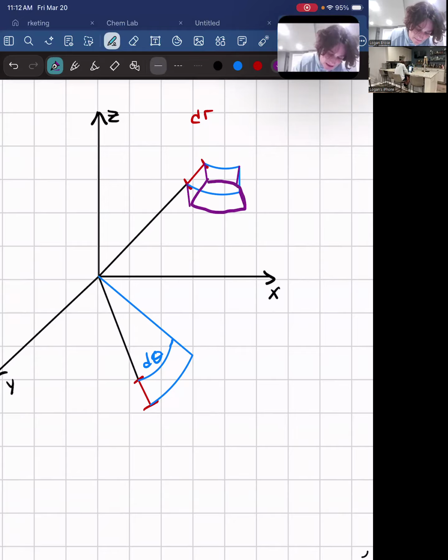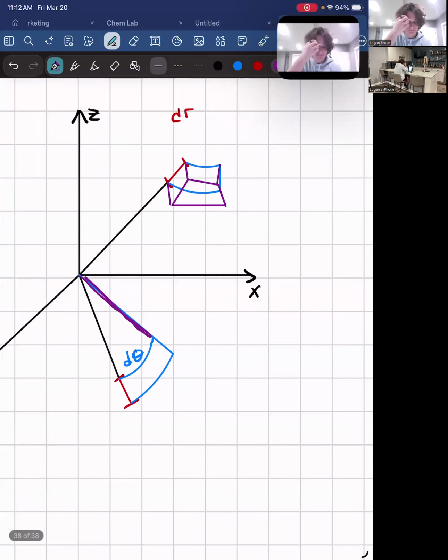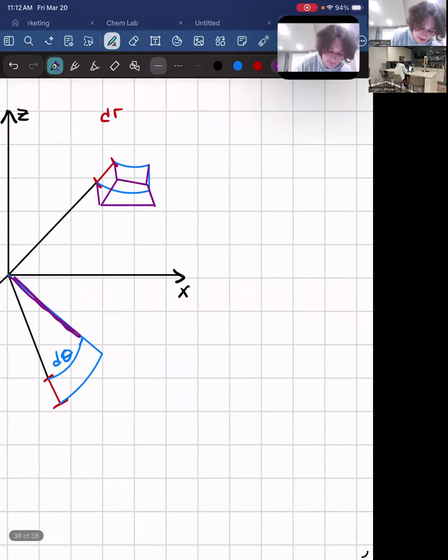And this projection here, that is what this purple is. That's our phi direction. So our phi direction is our purple.